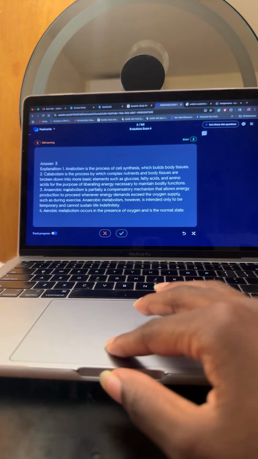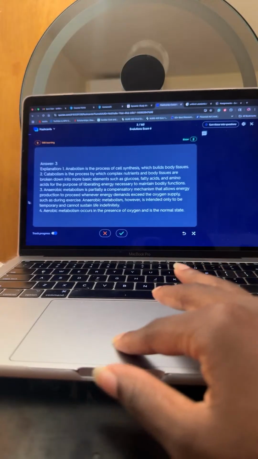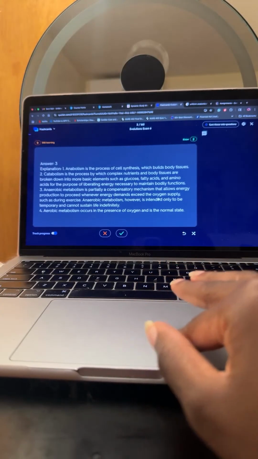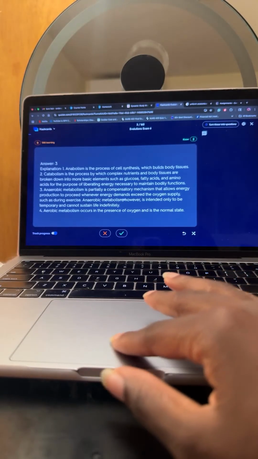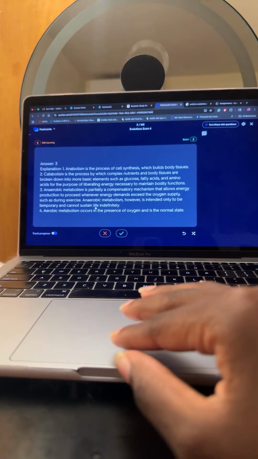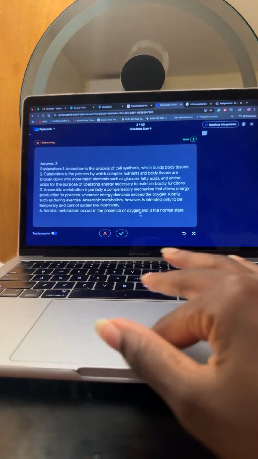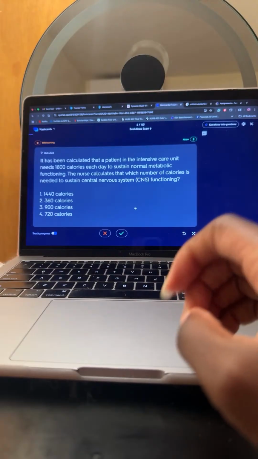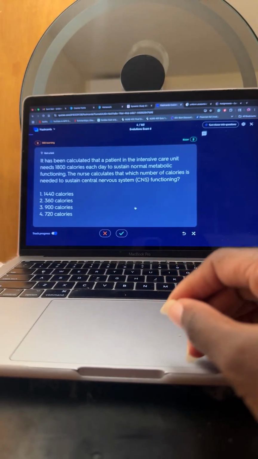So yeah, it's saying it's a compensatory mechanism that allows energy production to proceed when energy demands exceed the oxygen supply, such as during exercise. However, it's intended only to be temporary and cannot sustain life indefinitely.